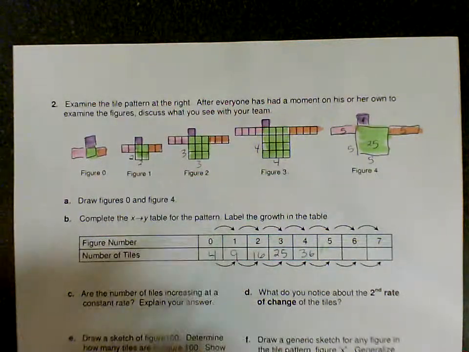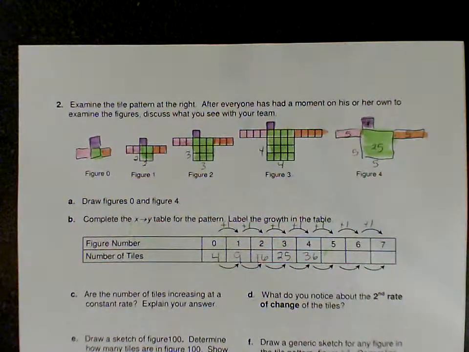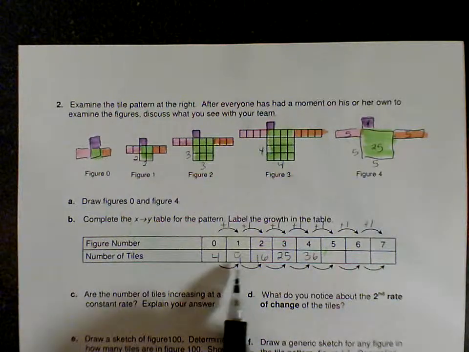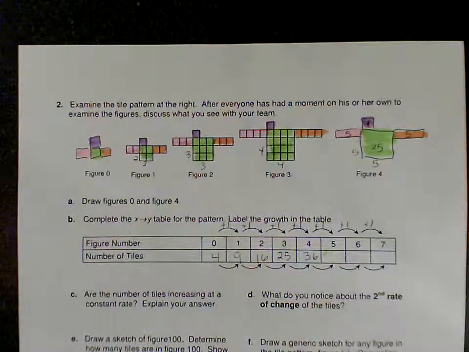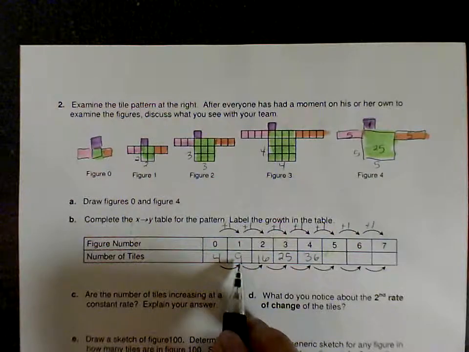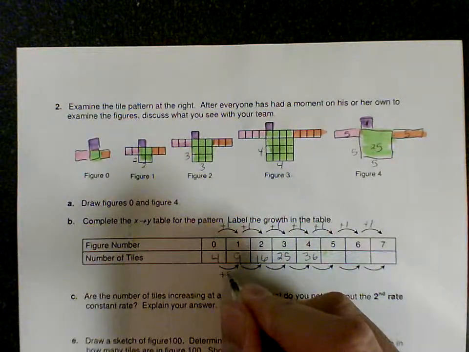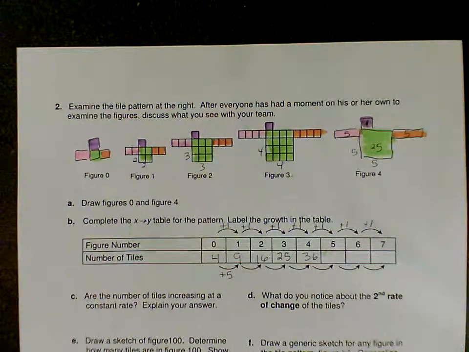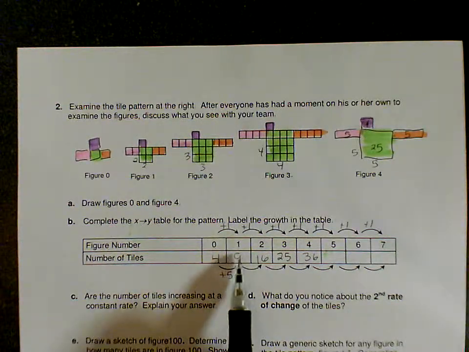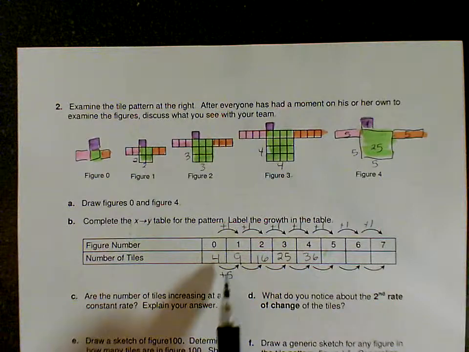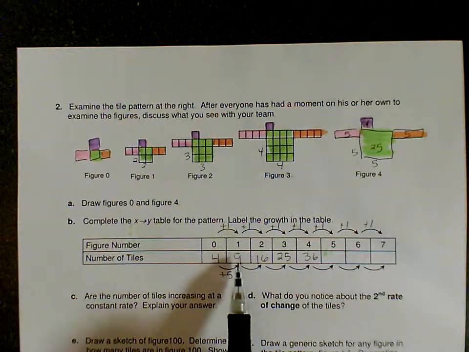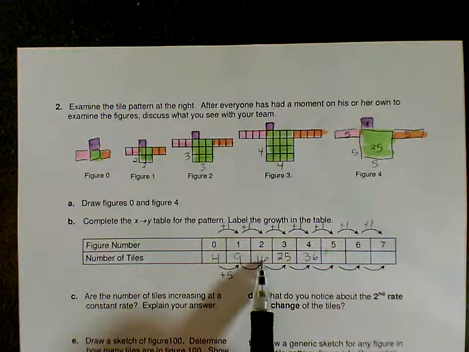So once again, our figure number is always plus 1 every time. And our rate of change on the number of tiles is going to be changing each time. So 4 to 9. If you can do that in your head, awesome. It's going to be plus 5. If you are struggling with that, though, we can do subtraction. We can do this number, the big minus the small, and that'll give us the 5. So 9 plus what number is going to be 16?